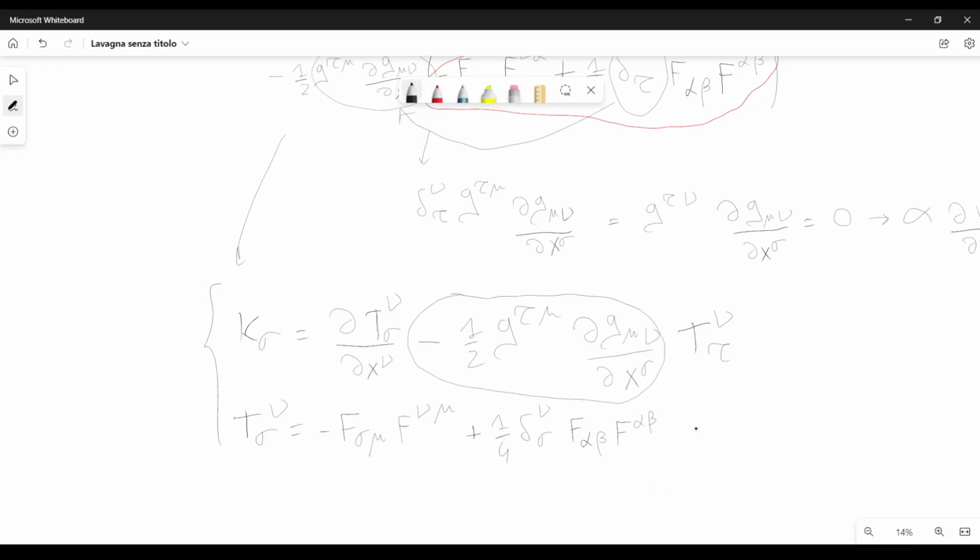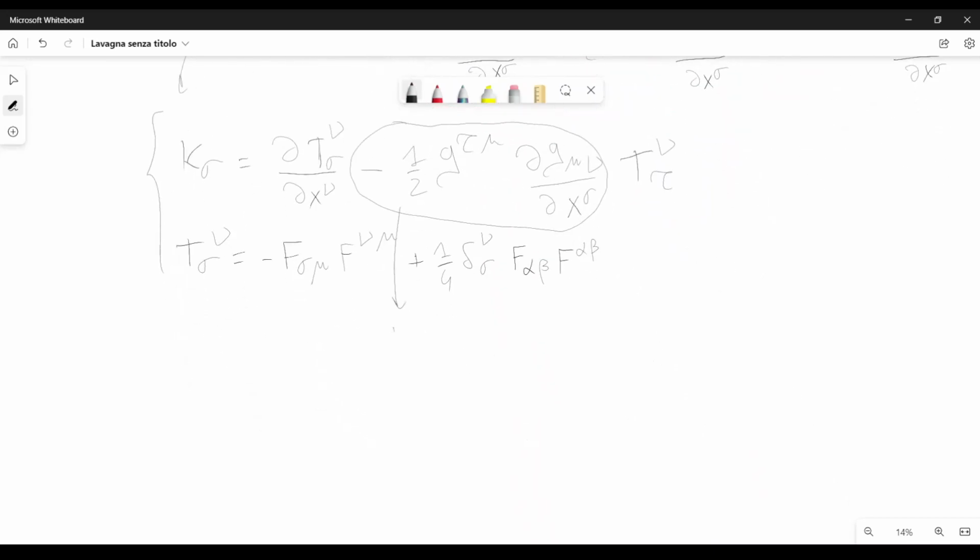It can be written like this. It's plus 1/2 g mu nu with lower indices, derivative of g tau mu with respect to x sigma. Let me write mu here a little bit more clearly.